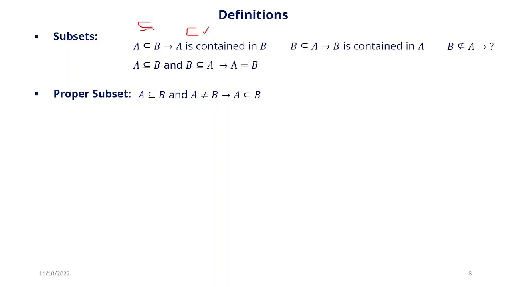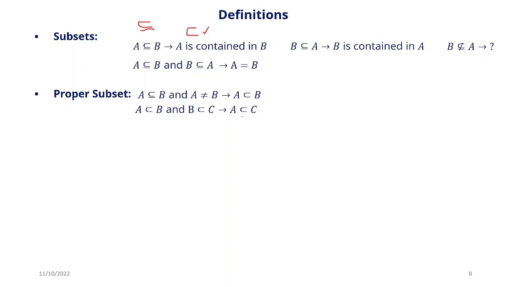Meaning that you can find every element of A in B, but the elements of A and B are not equal. The elements of A are less than B, so you can say that A is a proper subset of B. If A is a proper subset of B and B is a proper subset of C, that means that A is also a proper subset of C.